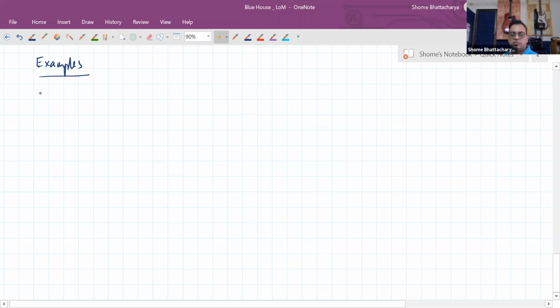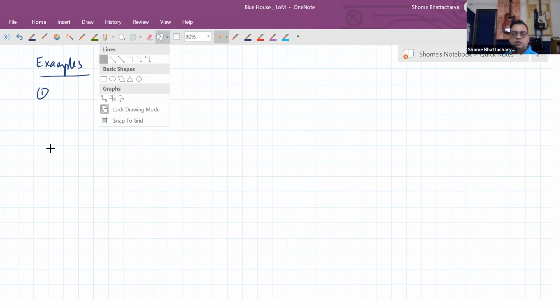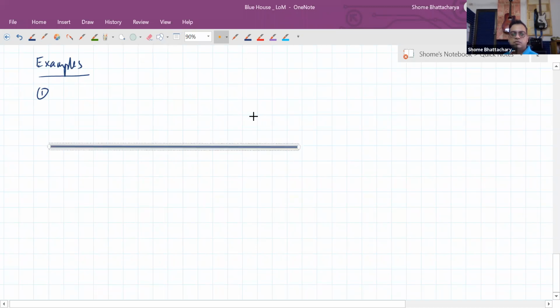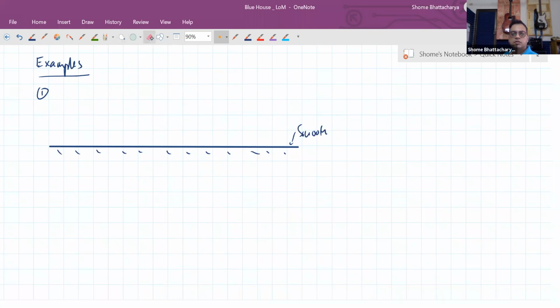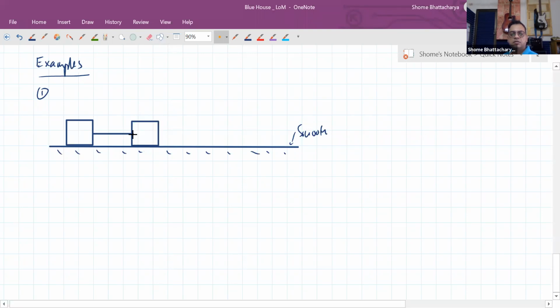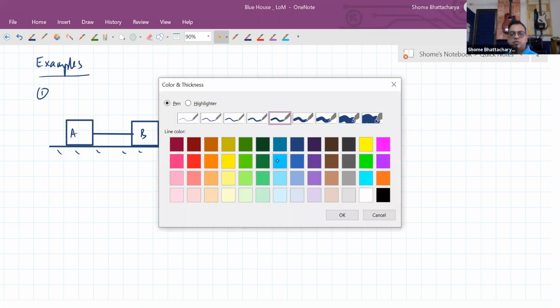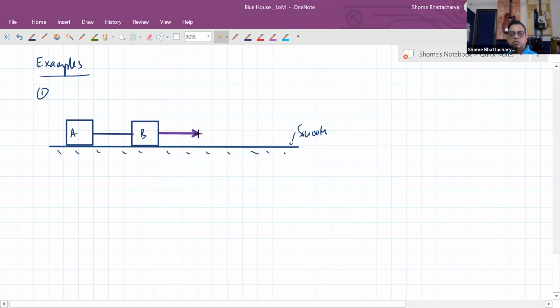Okay, let's see a basic example. So we have this frictionless surface, and we have these two blocks which are attached by a thread. And now what we are doing is we are applying some kind of external force, like this.